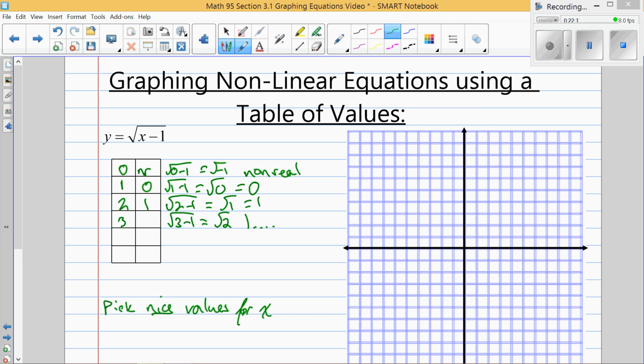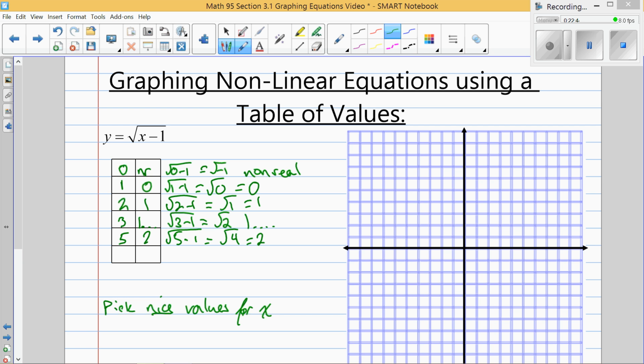And I don't know exactly what that decimal is. So square root of 2 isn't my favorite. If I plug in a 4, I'll get the square root of 3. So I don't want to do that. Let's try a 5 next. If I plug in a 5, I get the square root of 5 minus 1, which gives me the square root of 4, which is a 2.